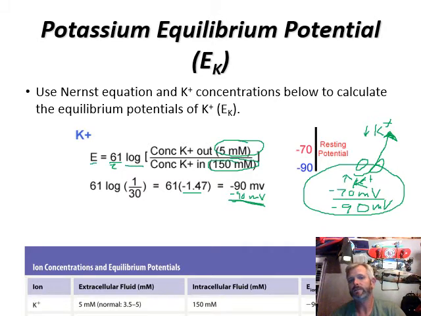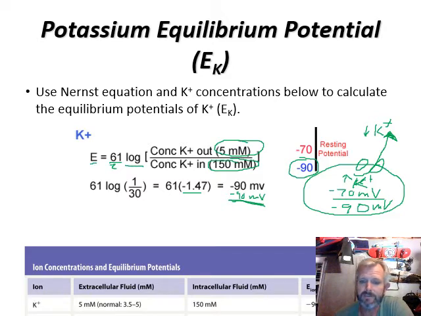And so that is what the Nernst equation is telling you: at what membrane potential are those two forces equal, the chemical force and the electrical force.